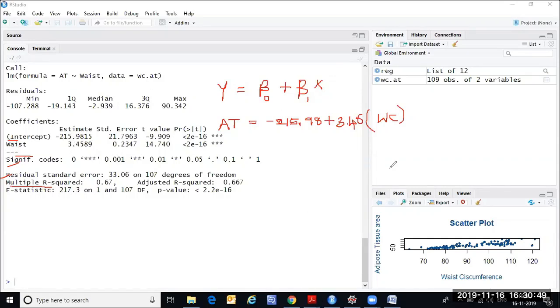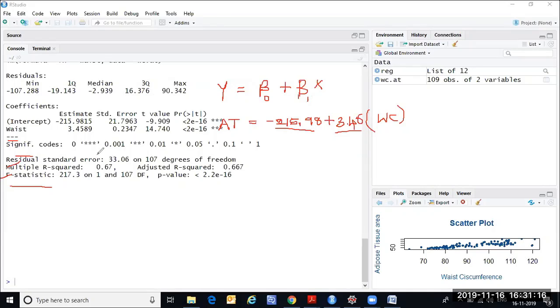But can we consider these beta naught and beta 1 values? Because in this overall equation, this beta naught and beta 1 are very, very crucial for the success of your prediction. Hence, we need to be sure about whether we can consider these values in the equation that we are building or not.